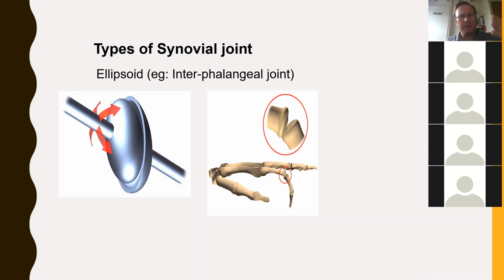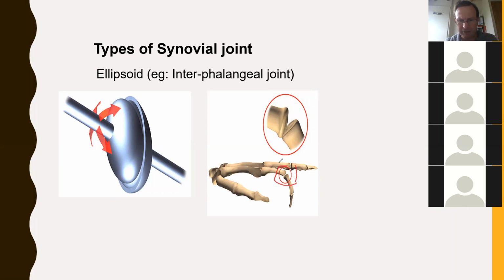So we call them ellipsoid joints. We sometimes call them condyloid joints. They're quite difficult to define actually. But what you can see in that picture of the finger on the bottom right, I'll just double annotate it there.